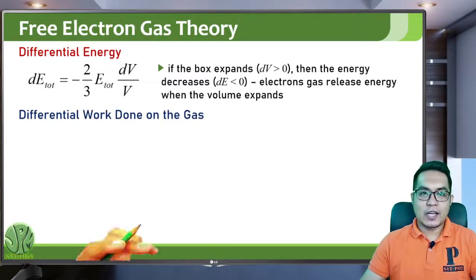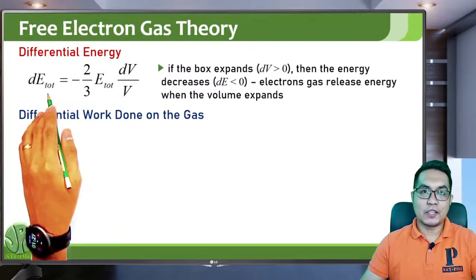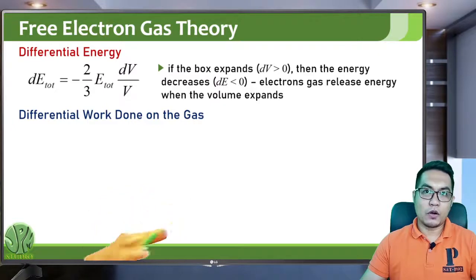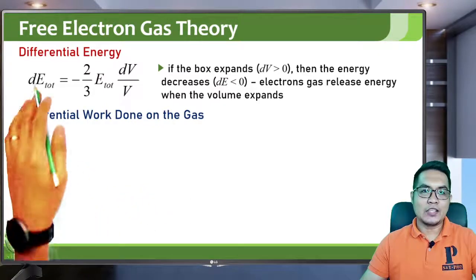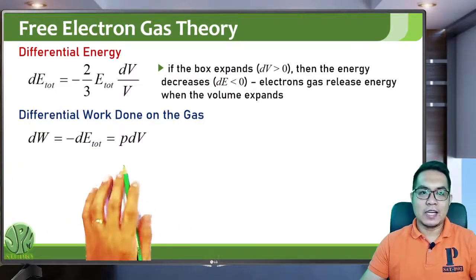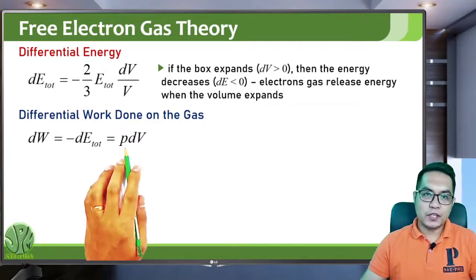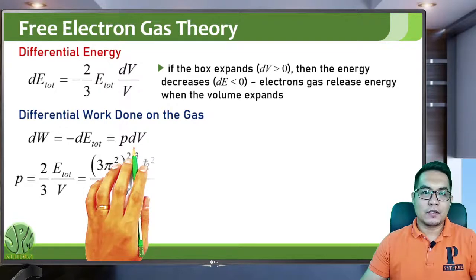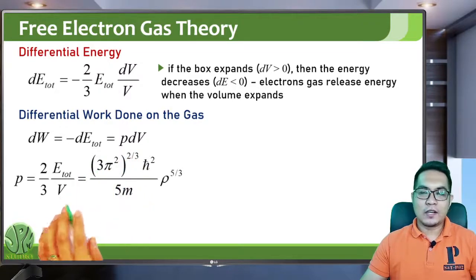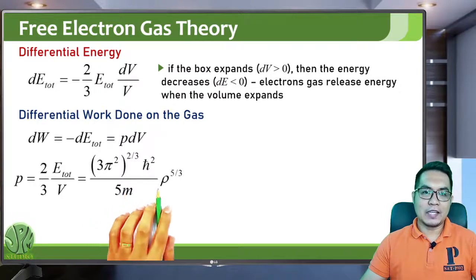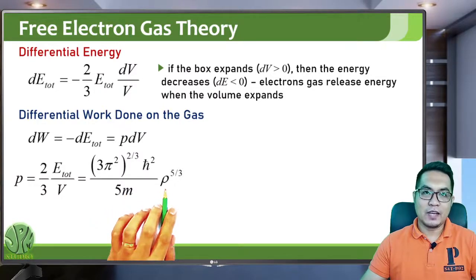So if you try now to find the differential work done on the gas, this is the differential change in energy of the gas. And the differential work done on the gas is just the negative change in energy of the gas, and it's equal to PdV. P is the pressure, then dV. From this, you can see that there is a pressure in the free electron gas, and it depends on the free electron density.